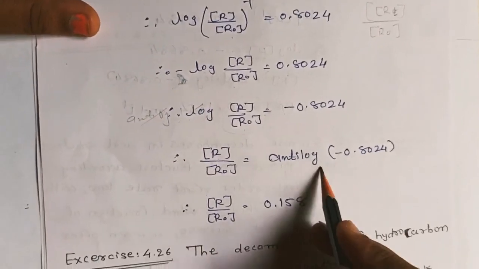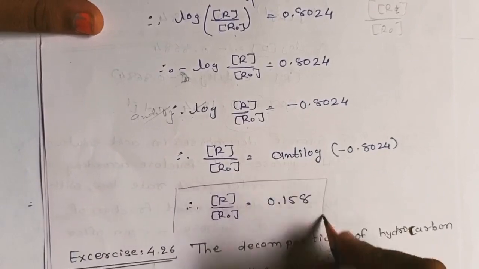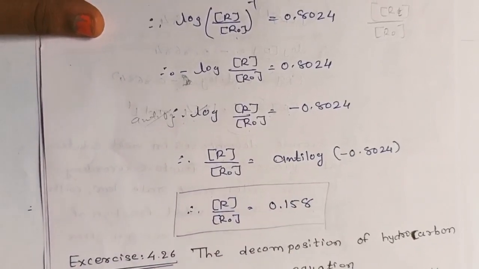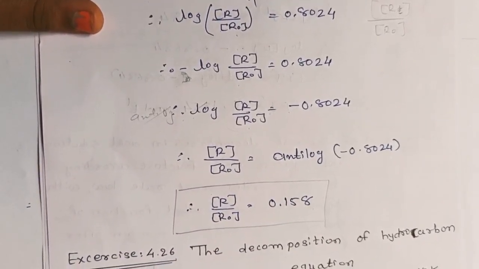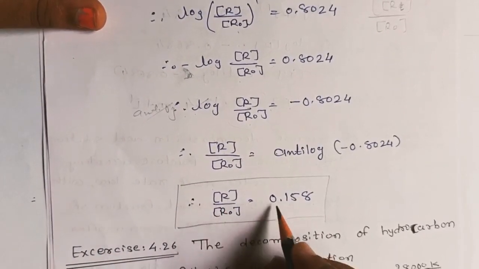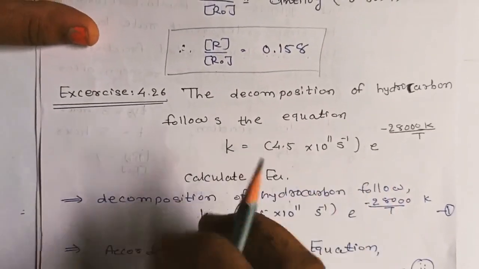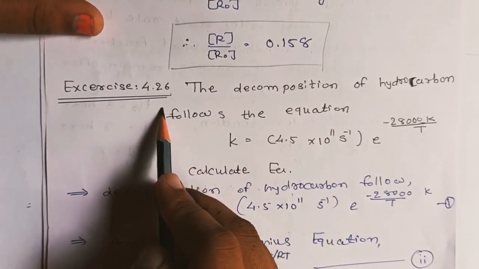The antilog of this term is 0.158. It means the remaining sucrose sample fraction we had to find out will be R by R naught equal to 0.15, right?